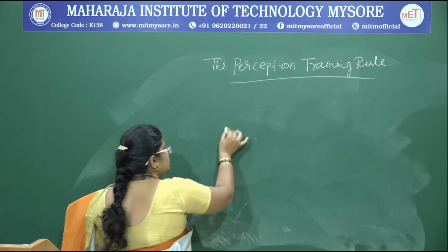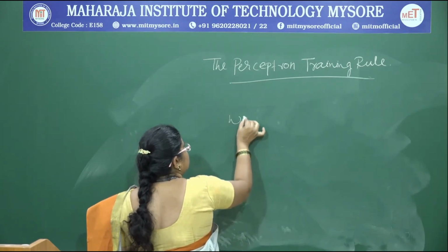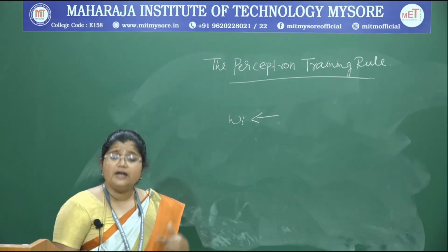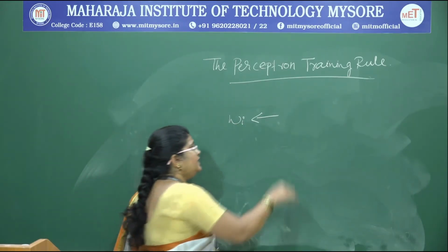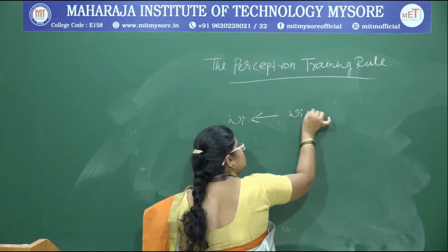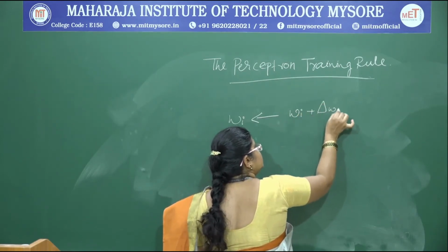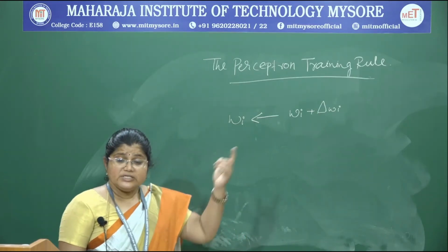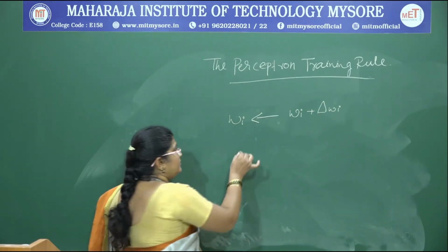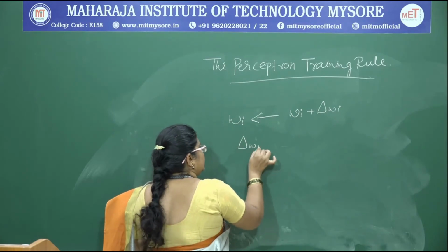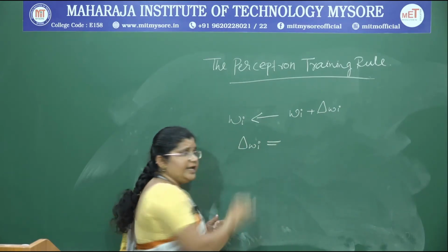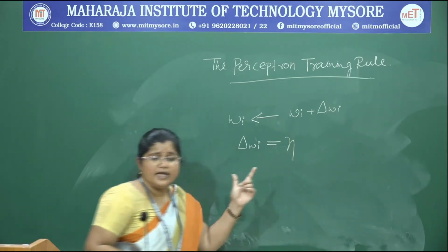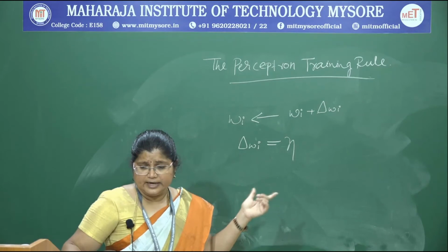Now let us look at the training rule. Wi is a new weight, which we can obtain by having Wi plus delta Wi. What is this delta Wi? Delta Wi is equal to nu, which is called the learning rate.